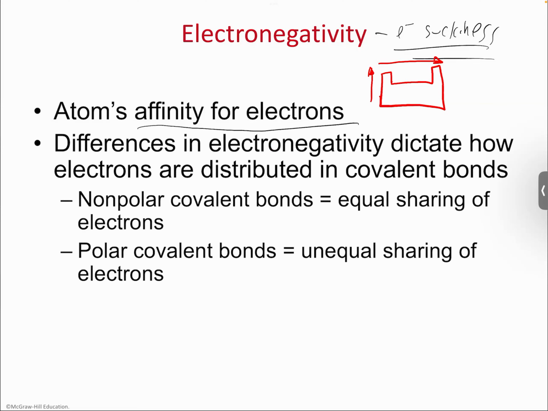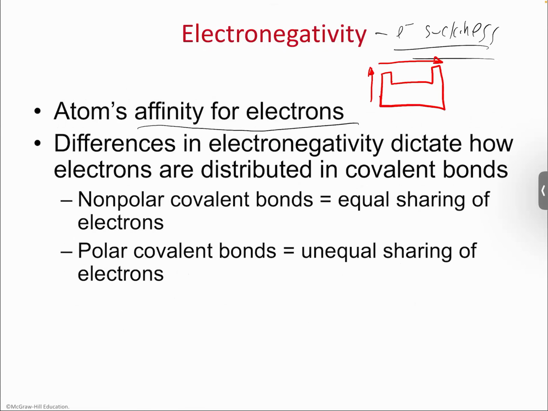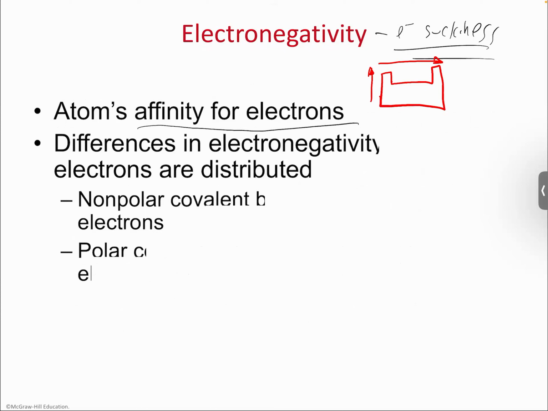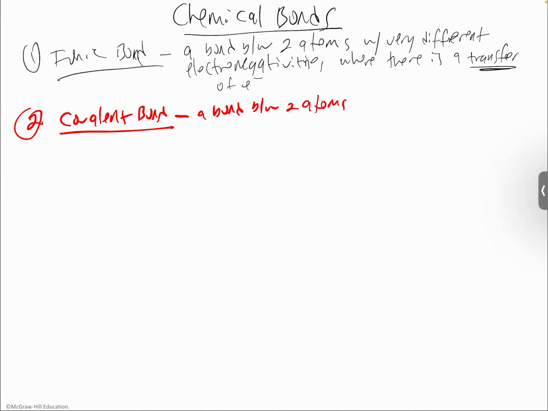So electronegativity basically will form our two covalent bonds. So what kind of covalent bonds do we have? Non-polar and polar? So a covalent bond itself is basically a bond between two atoms where the electrons are shared, not transferred, right?